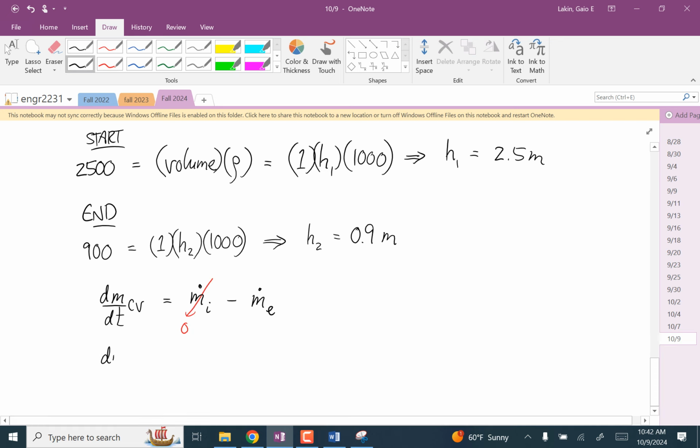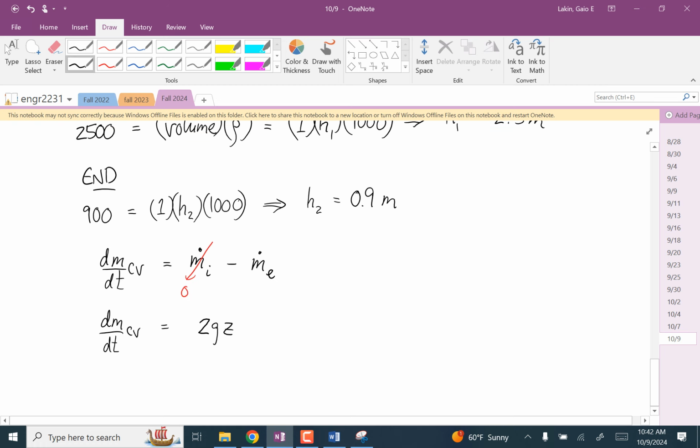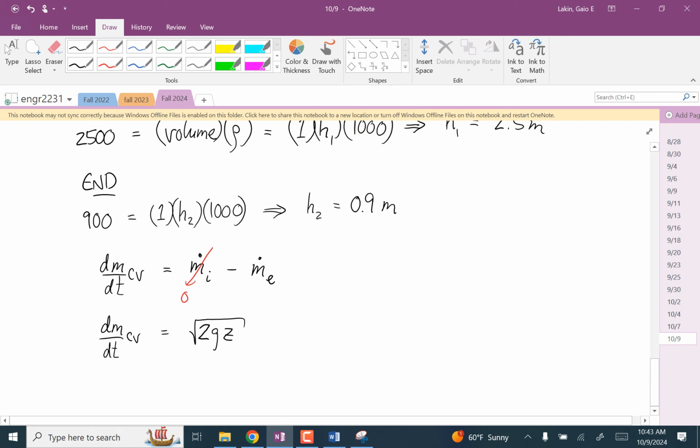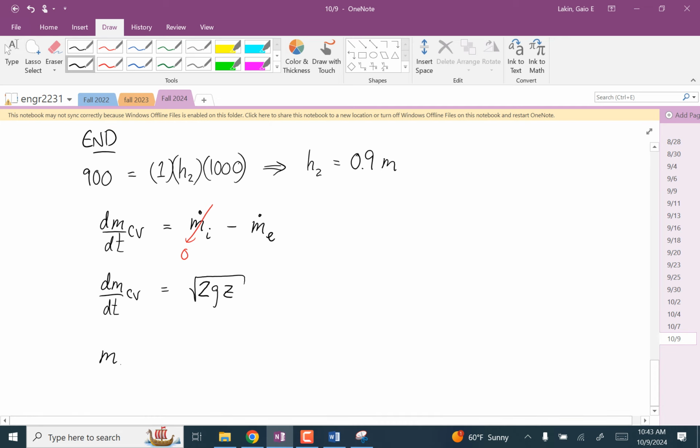And so dm/dt for the control volume is equal to the square root of 2gz. And we can write the mass in the control volume, using this formula, as 1,000 Z.